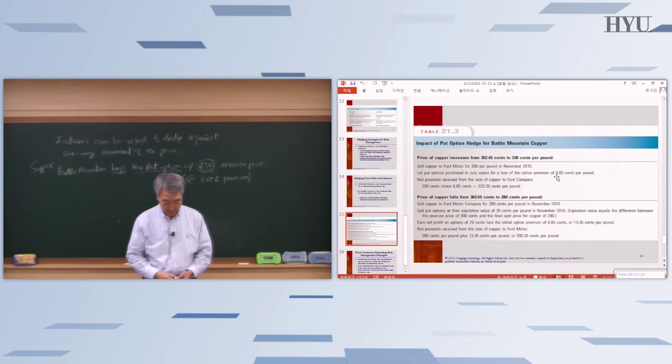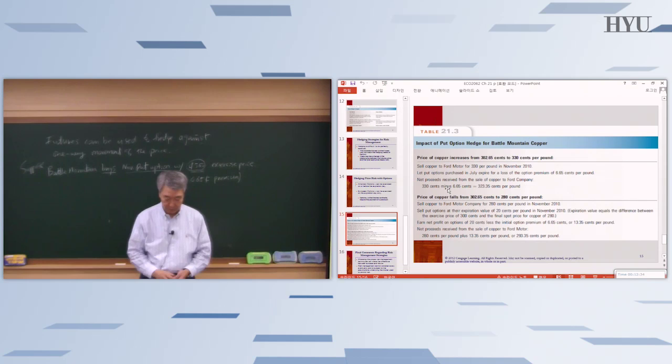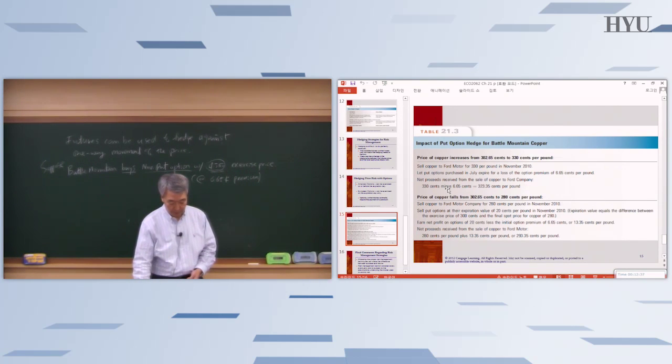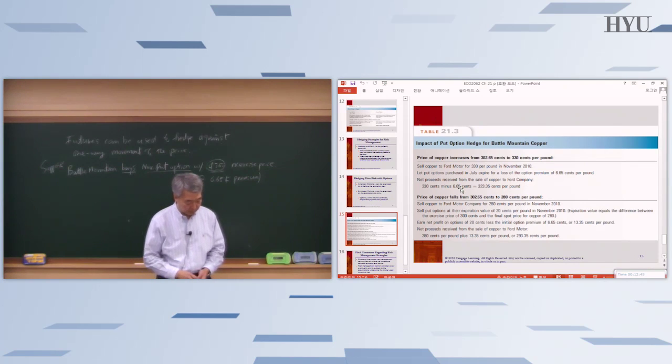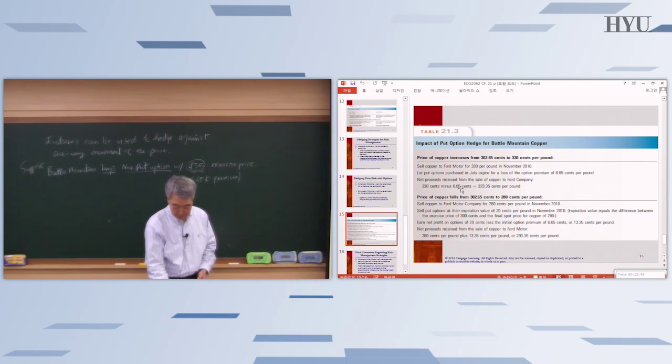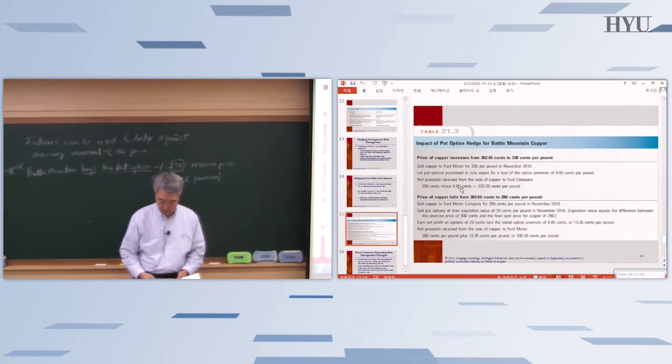Okay, so net proceeds received from sale of copper to Ford Company. So in case price goes up to 330 cents per pound, then they are receiving 330 cents per pound, but since they have paid 6.65 cents premium, that difference is 323, right?